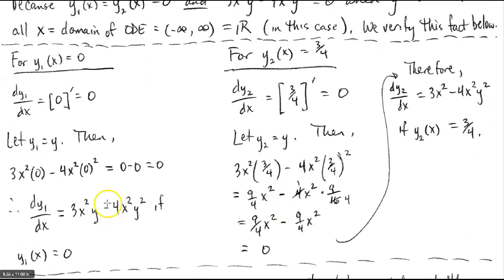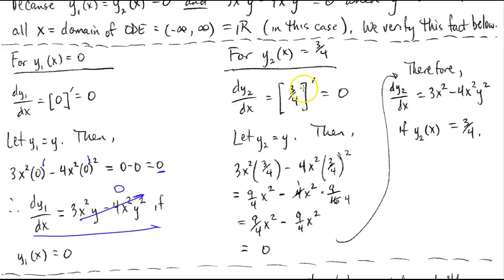For the first one, we easily see that if I let y equal 0, then the derivative of 0 is 0. And then if I plug in 0 for y both here and here, it still ends up being 0. That means that whenever y is equal to 0, all of this is going to be 0 as well.